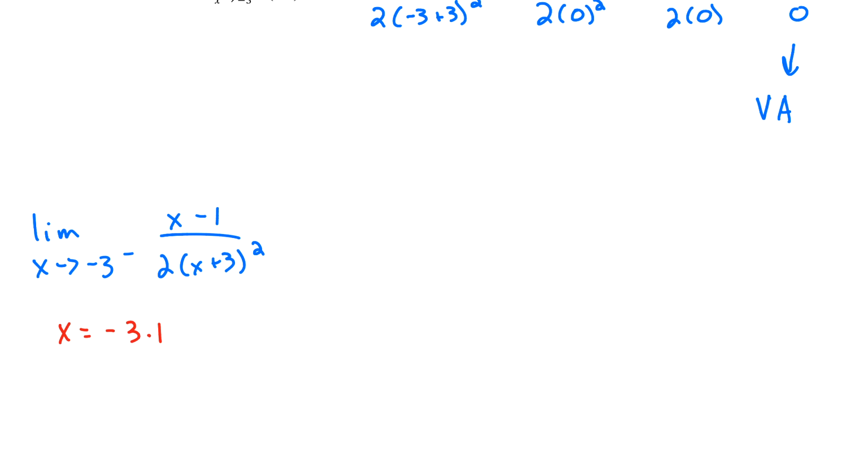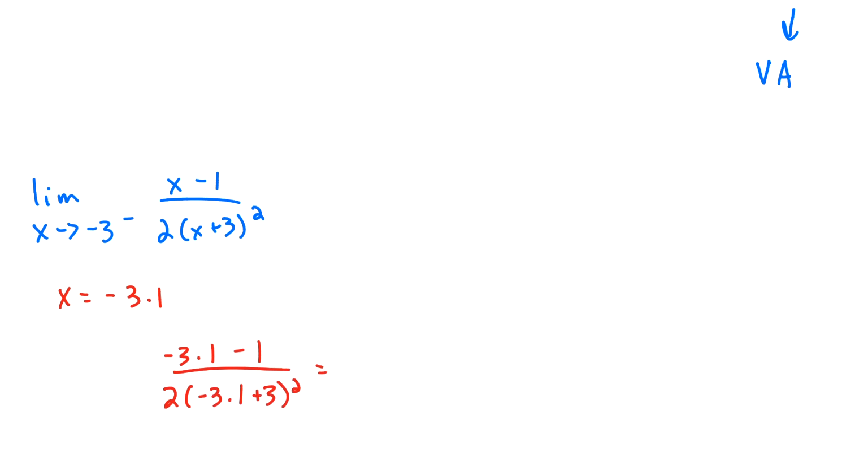So if I plug that in, -3.1 minus 1 divided by 2 times (-3.1 plus 3) squared. In my numerator, you can find the exact value if you want, but really we just need the sign, positive or negative.